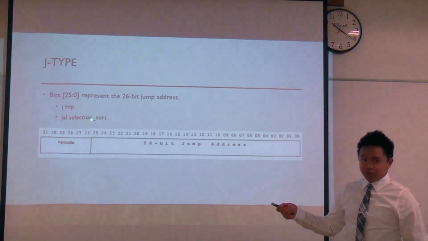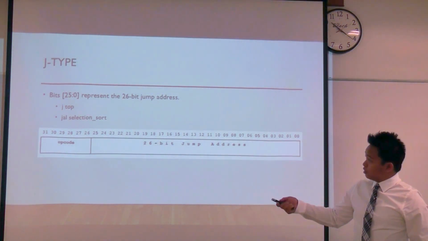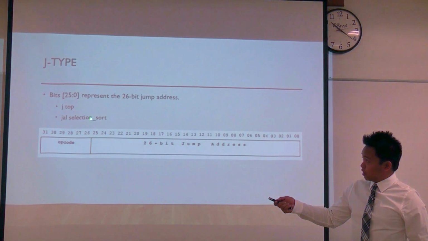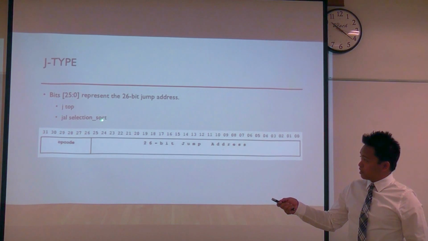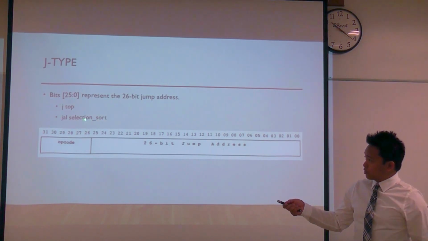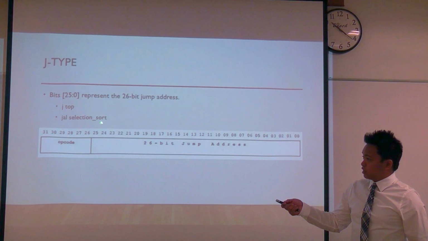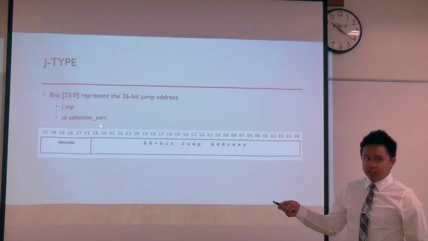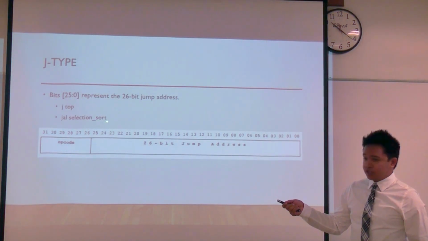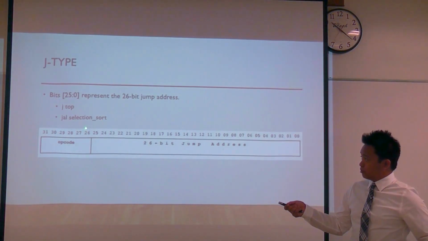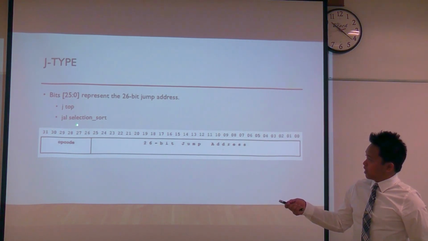For example, you can jump to the top of an assembly code, or you can jump to a function with jump and link, in which once you jump to an area specified for the function, you also subsequently save the PC onto, say, a return address, and then this is where jump register comes into play, where you jump back into where the previous location of the program counter was.